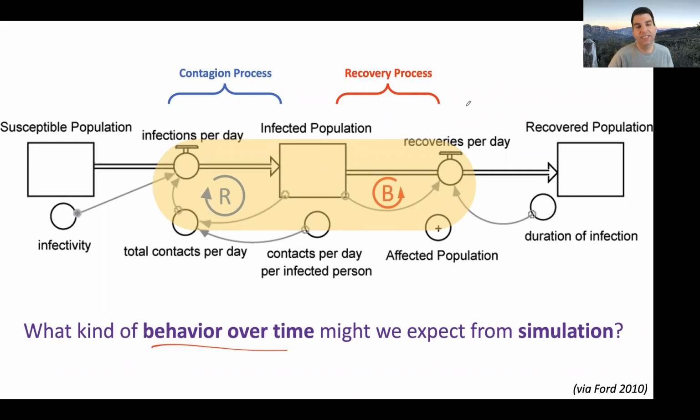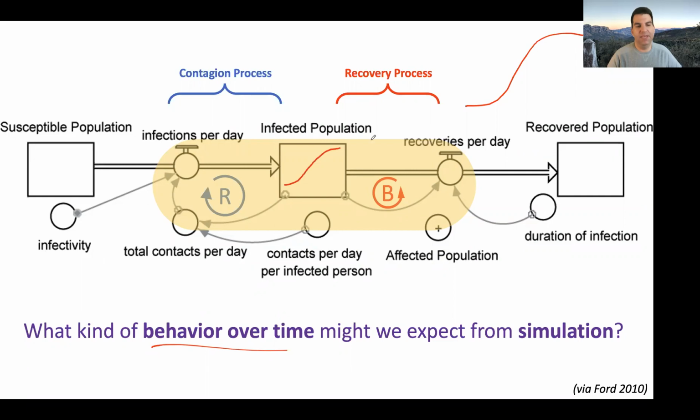We would expect to see some form of S-shaped growth. And so we say, well, what's going to be growing in the population? Well, if we think about this, we're talking about the infected population, that appears to be the thing that's growing. But eventually that infected population is going to be limited by the number of recoveries per day.